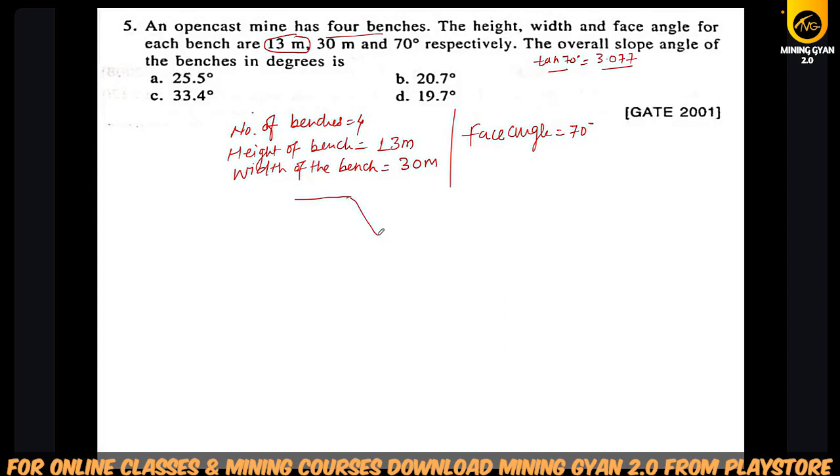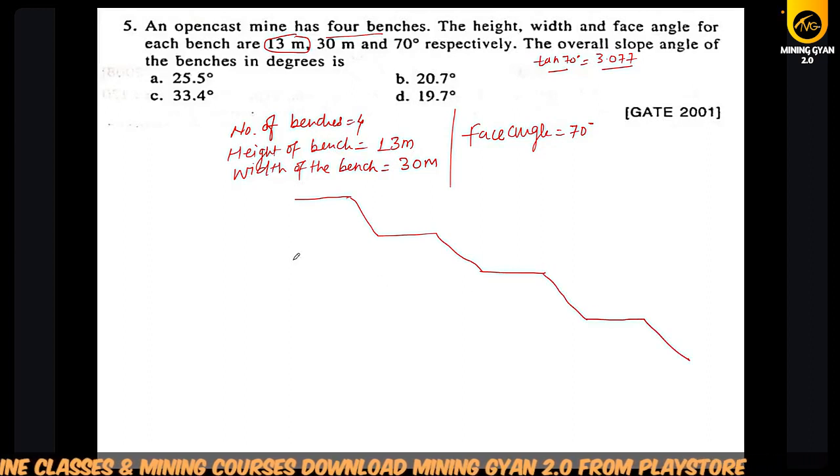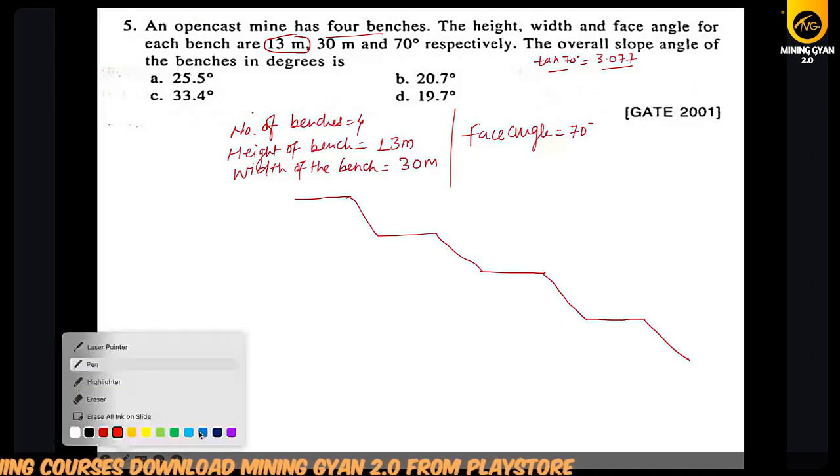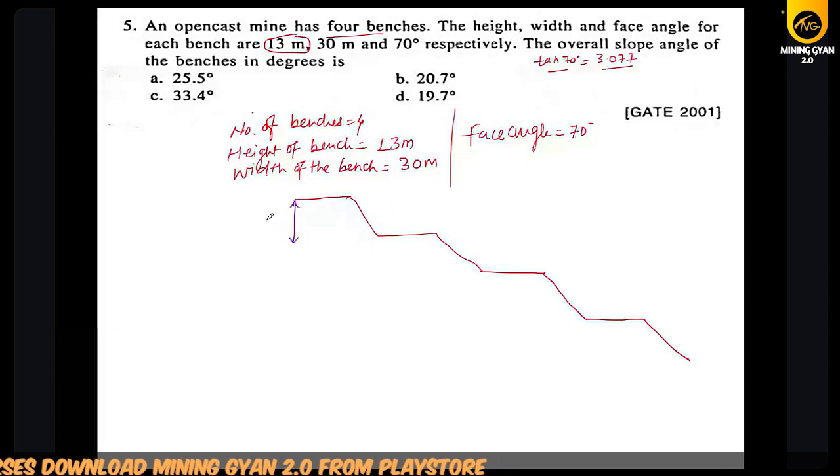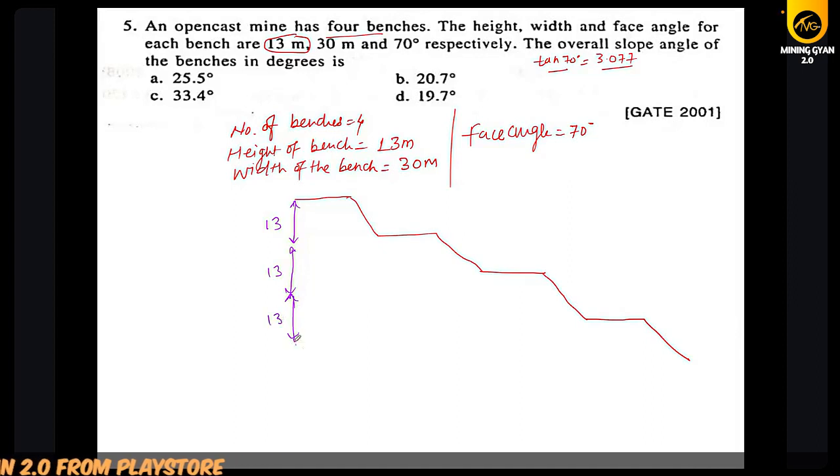So how will we make a diagram? This will be your 1 bench, 2 bench, 3 bench, 4 bench. This is your height: 13, 13, 13, then also 13. Yesterday I told you what the overall sloping angle is.